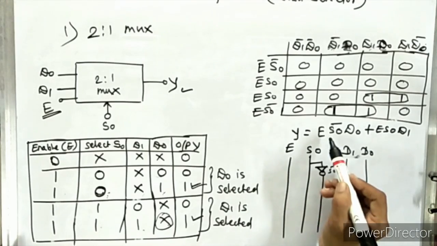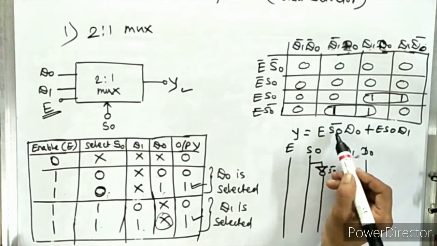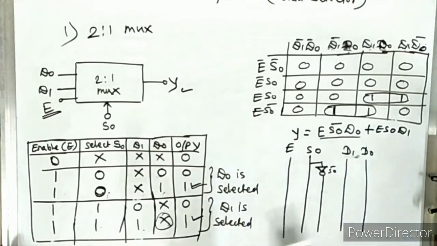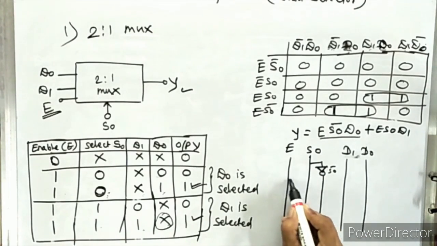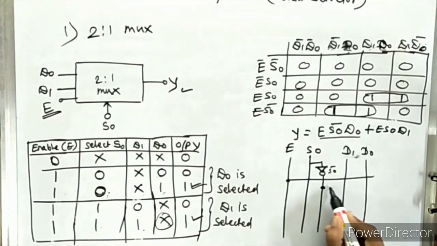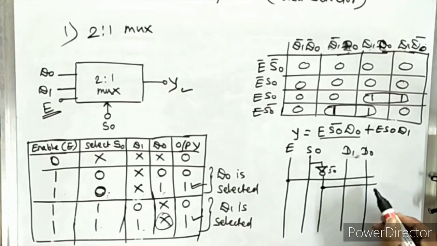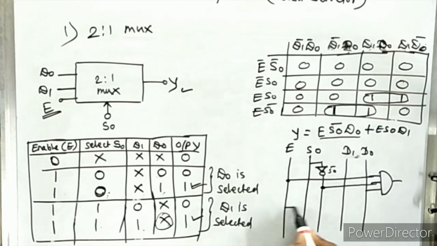So here our first term is E S0 bar D0. So there is an AND operation between these three variables. So E, S0 bar and D0. So here we get the AND gate. For the second term it is E, then S0.